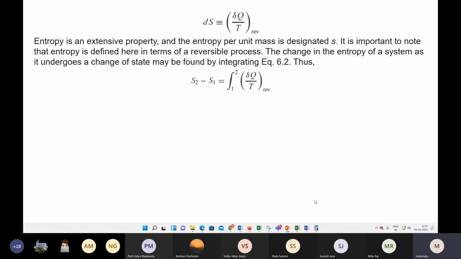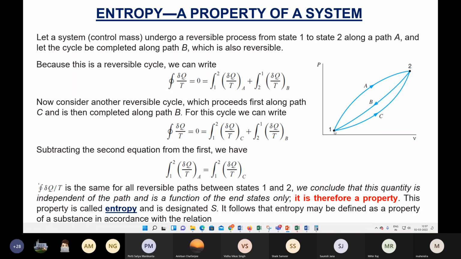Since it is a property, if it is at point 1 it has a certain value, like pressure P1 being 1 atmosphere, and this could be at 50 atmosphere. Like that, here it has a certain entropy S1 and here a certain entropy S2. This could be a gain or loss, that is another issue.